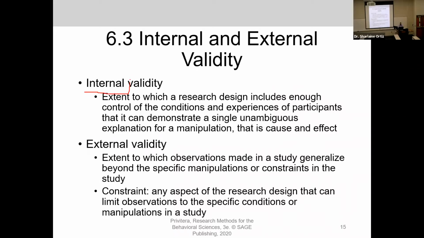So internal validity, we're thinking of that research design. We're thinking of those factors within the research. And with external validity, we are referring outside of that research world because I'm trying to generalize the data that I have encountered outside that very specific, that very controlled condition.